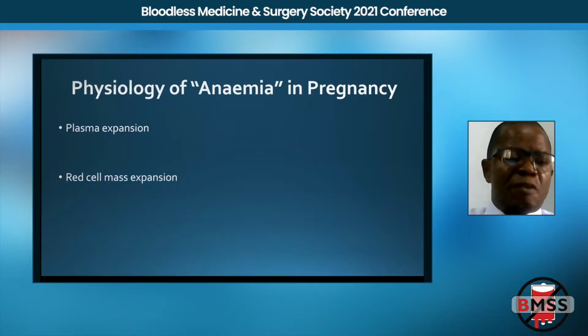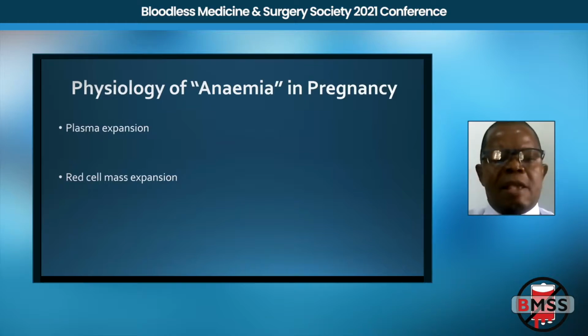And this drops the hemoglobin, and the packed cell volume drops, the hematocrit drops as well. But there is also, especially from the second trimester, an increase of the red cell mass. But the increase in red cell mass lags behind the plasma expansion.